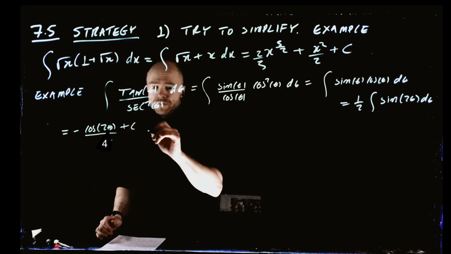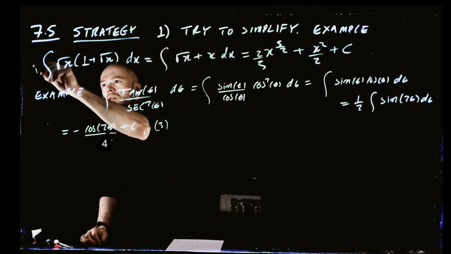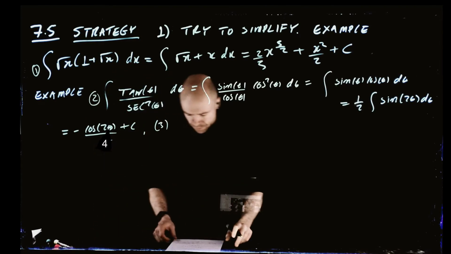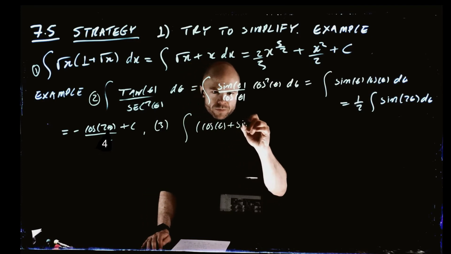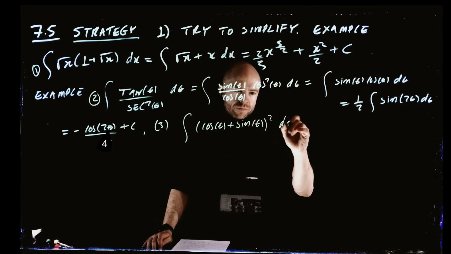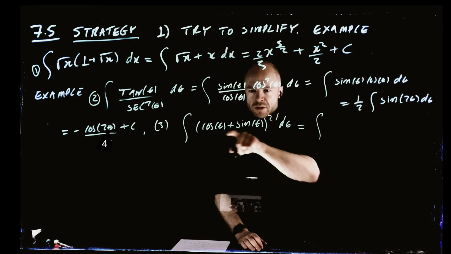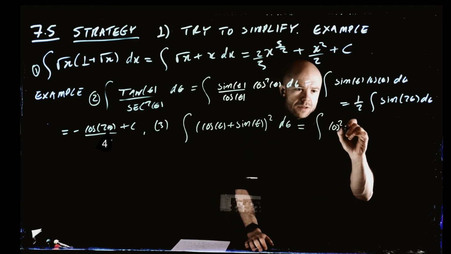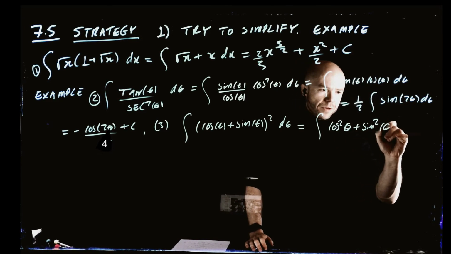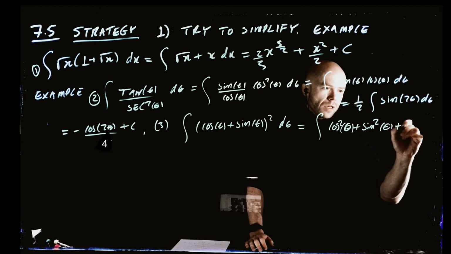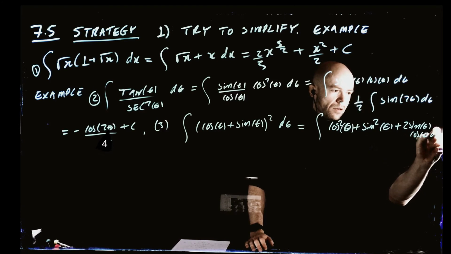Maybe just a final example. Let's label these 1, 2, 3. If you see something like this, if we just multiply this stuff out, we're going to have a cosine squared, a sine squared, so we have cosine squared of theta plus sine squared of theta plus 2 sine theta cosine theta d theta.